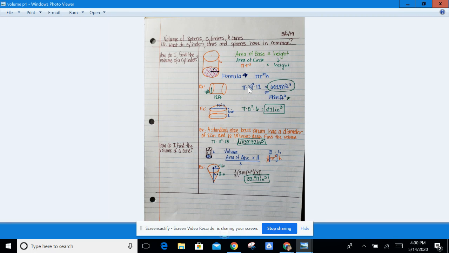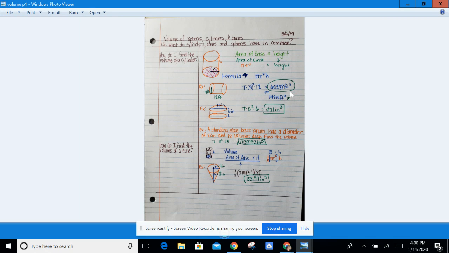So when I input 3.14 and multiply it by 16, I'm multiplying it by 16 because 4 times 4 is 16. And I'm going to multiply it again by 12. Okay? And I get 602.88 feet cubed.